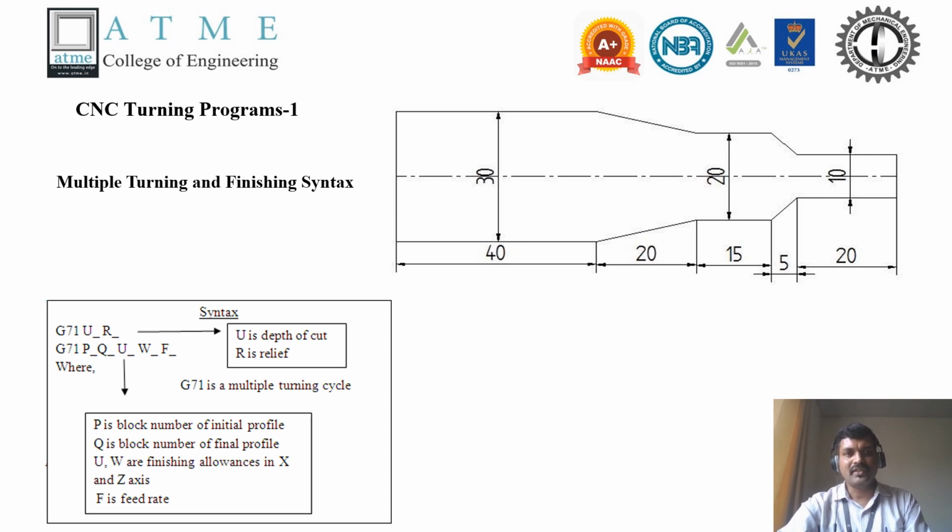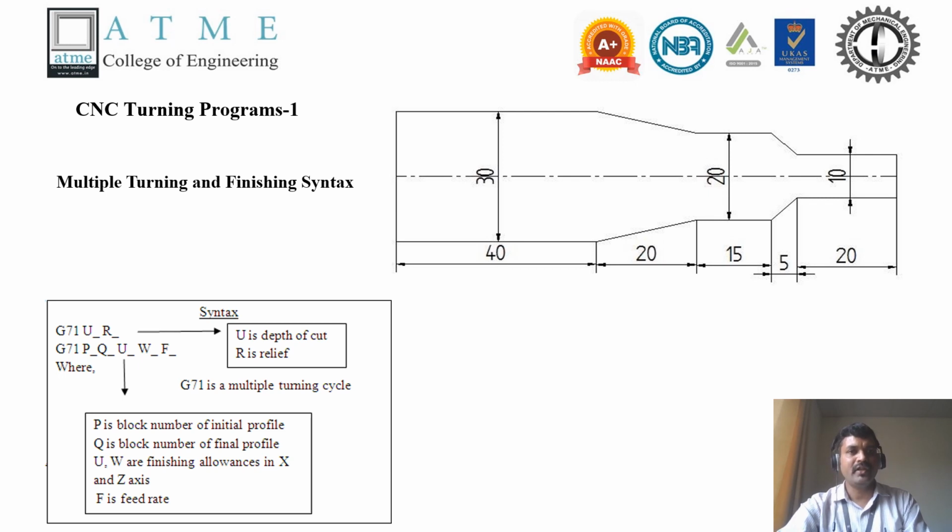In the first line, G71 is the G code for multiple rough turning, with U and R. U stands for the depth of cut in the first stage. Then R is for relief. After cutting over the path length, the tool has to relieve back, go to the initial position, and start once again with an additional depth of cut.